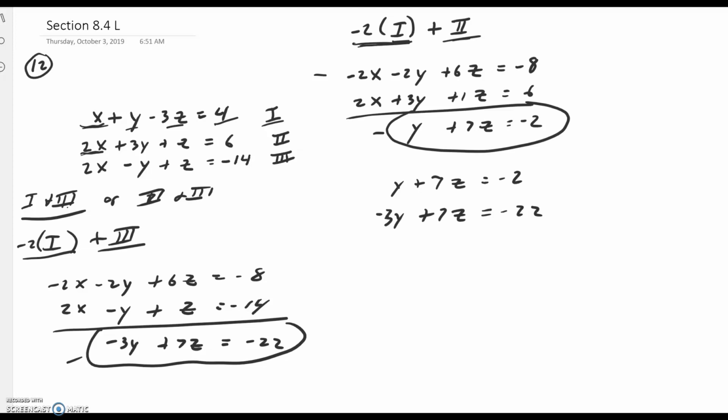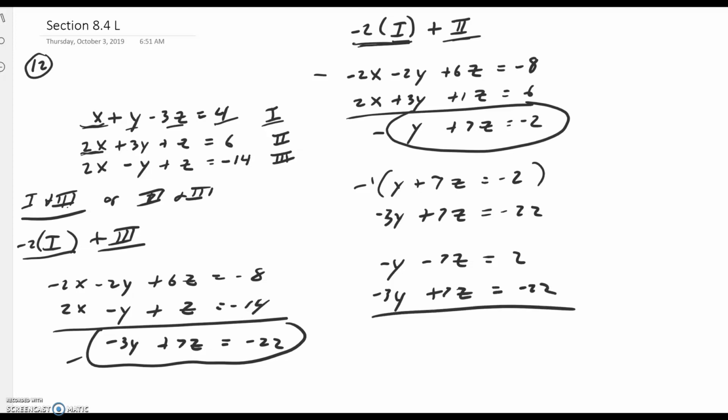Well, it seems as if the z's could be gotten rid of, so I'm going to take this equation and multiply it through by -1. That'll give me -7z's, and this is +7z's, and they'll cancel. So multiplying through by -1, I'm going to have -y minus 7z equals 2, and down here I have -3y plus 7z equals -22.